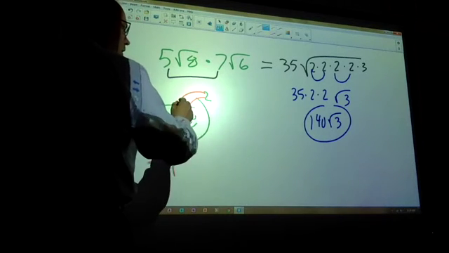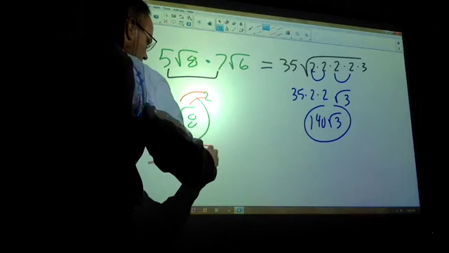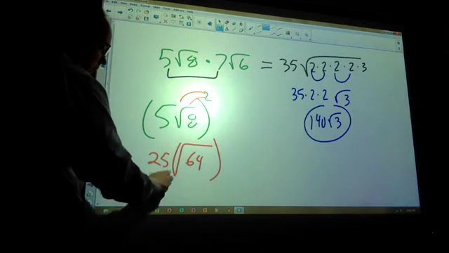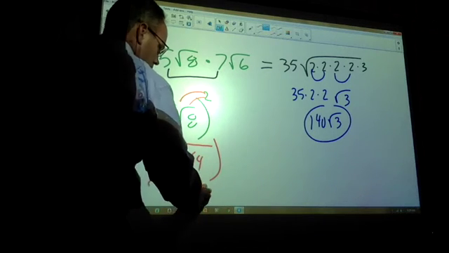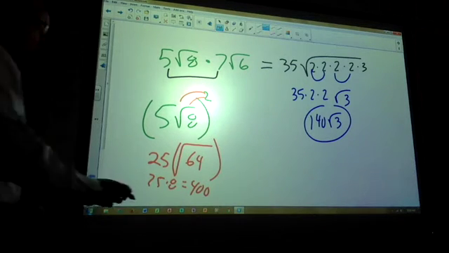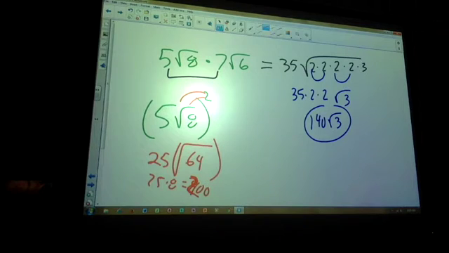And then that becomes square root of 64. Square root of 64 is 8, so 25 times 8, which is 200. Yes, 200. If it's outside, it goes to both.